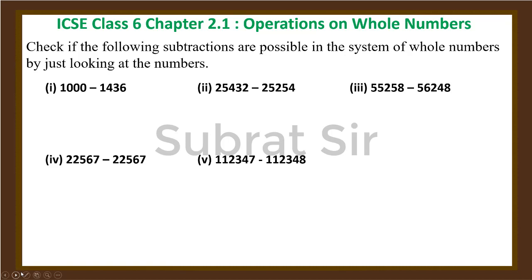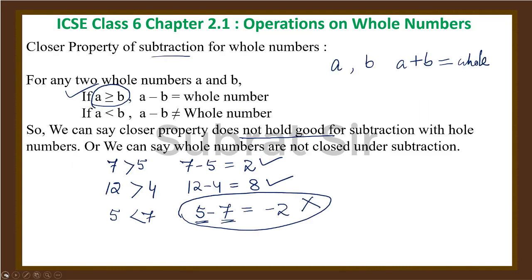And we know from our earlier slide that only if a is greater than or equal to b, subtraction is possible in the whole number system. So we will check for this criteria.